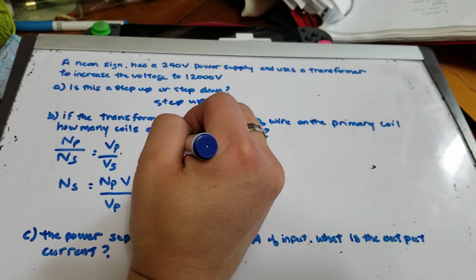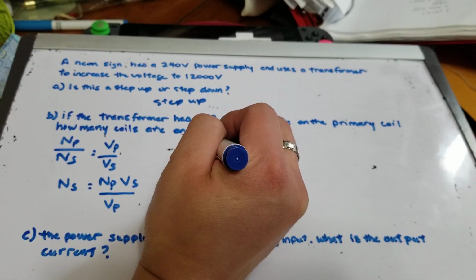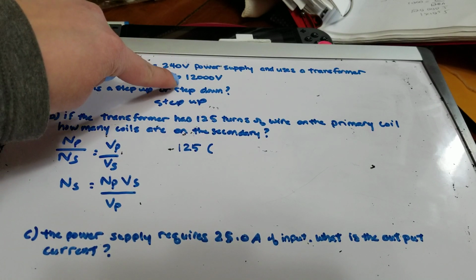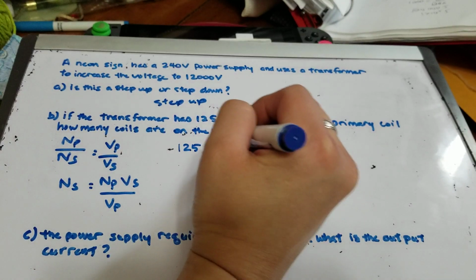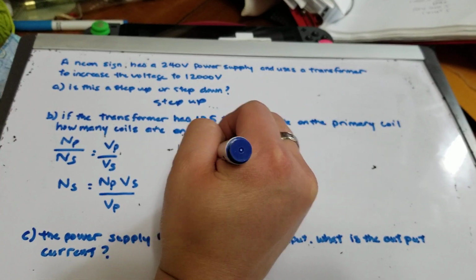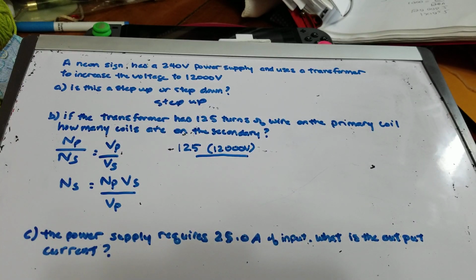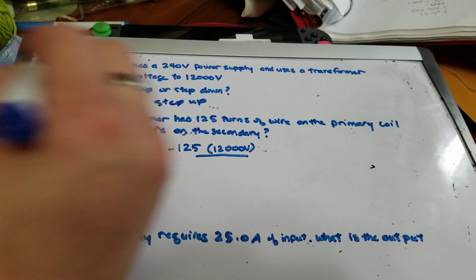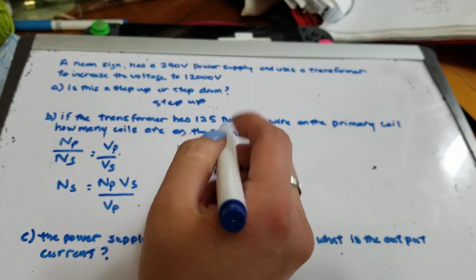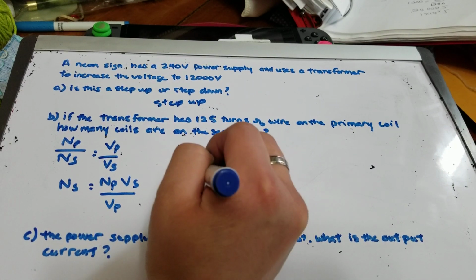So you go 125 times voltage of the secondary, 12,000 volts, divided by your VP. Your voltage primary, if you look up here, is 240 volts. So you will divide it by 240 volts.